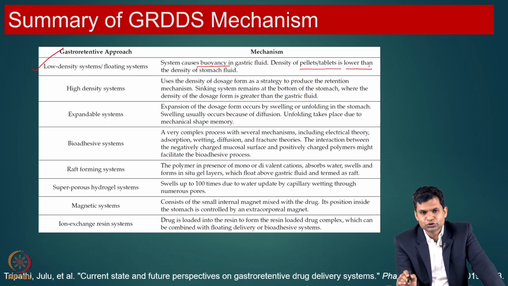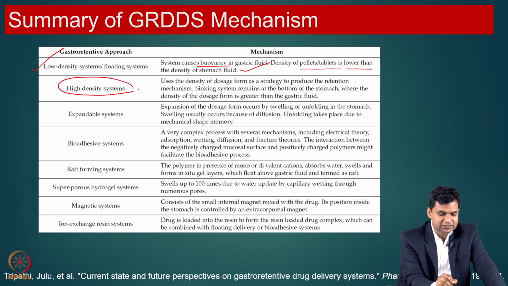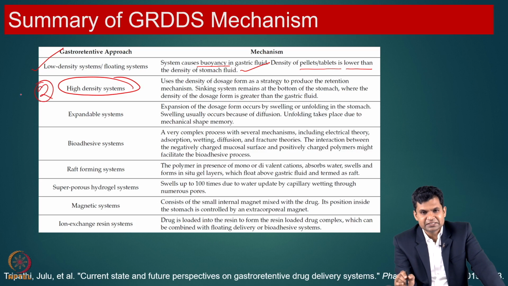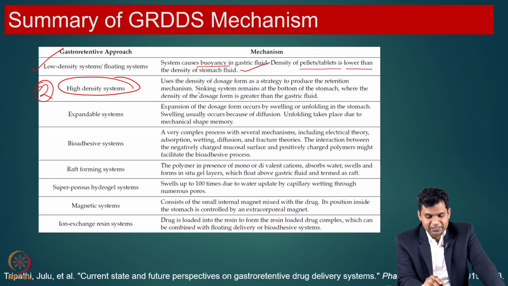The density should be lower than the stomach fluid. The second topic is high density systems. Here we use materials like barium sulphate, titanium dioxide and other materials which help in the sinking of the dosage form, and that also helps in a high retention time.